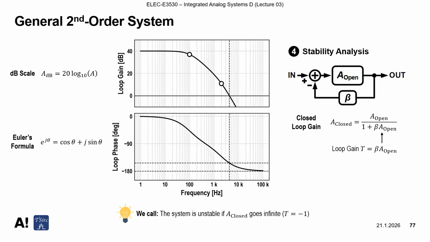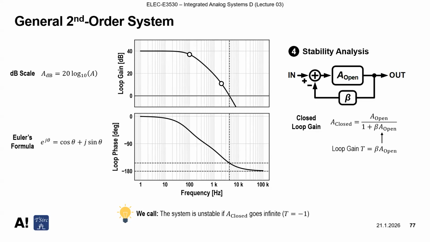So if magnitude is equal to 1, it goes to 0 dB, right? So 0 dB means 1. You can easily think about it: when we plug in A equal to 1, then log10 of 1 goes to 0, so our dB scale goes to 0 dB. So when we take a look at the 0 dB line, we can analyze the condition of loop gain equal to 1.